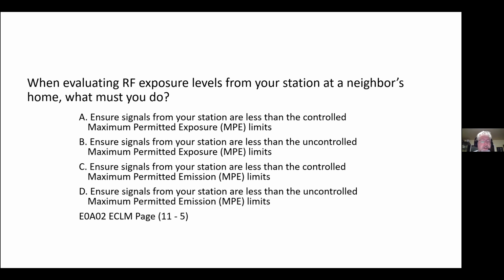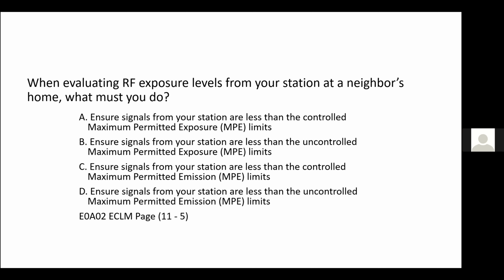C, ensure signals from your station are less than the controlled maximum permitted emission MPE limits. Or D, ensure signals from your station are less than the uncontrolled maximum permitted emission MPE limits.